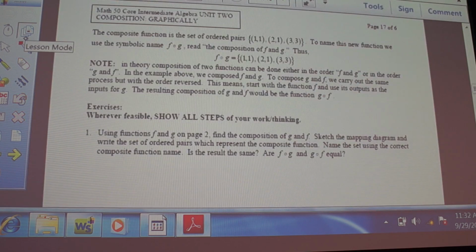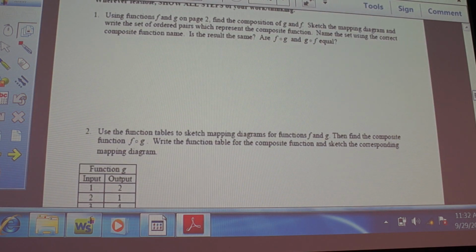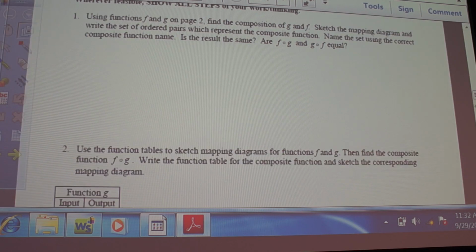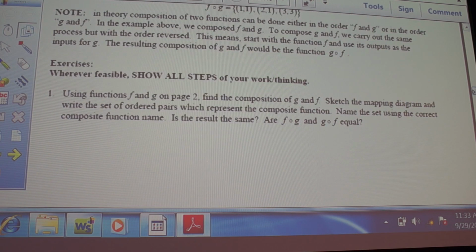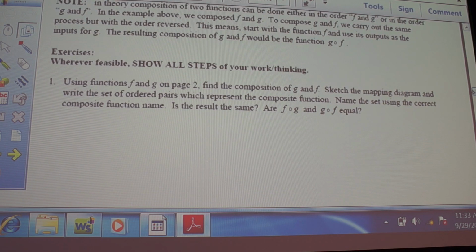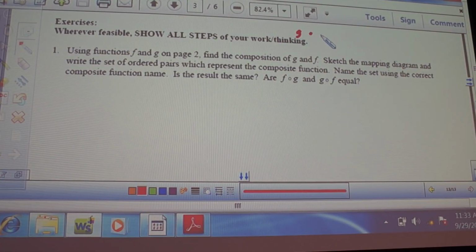Okay, let's take a look. Let's map that. Okay, so I'm going to look back on my little mapping thing, and we're going to do this. First, they want me to do g of f. So here they want g of f.